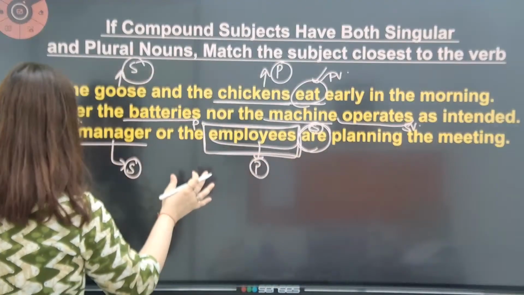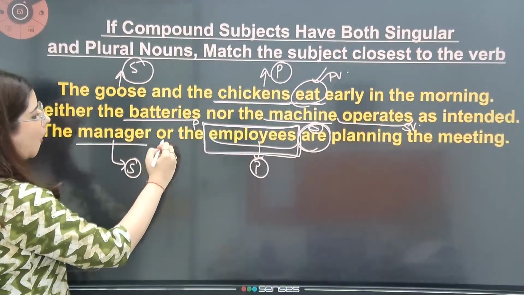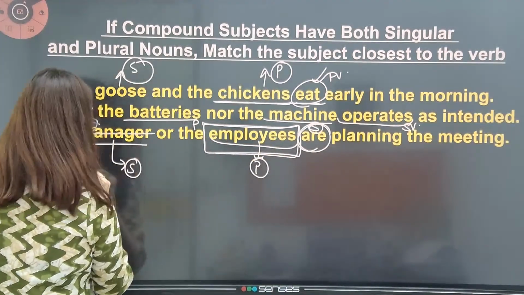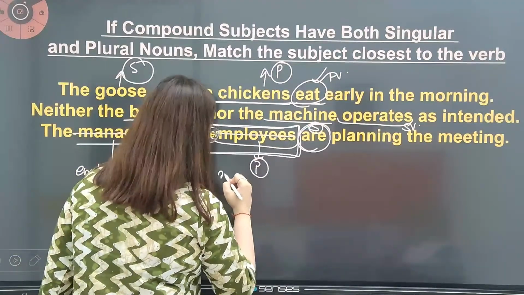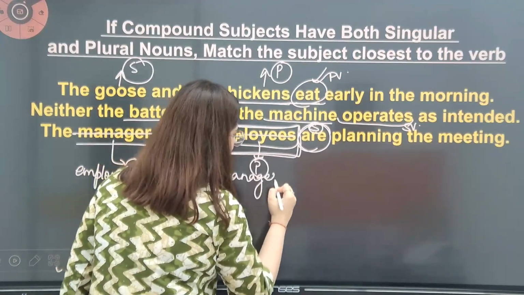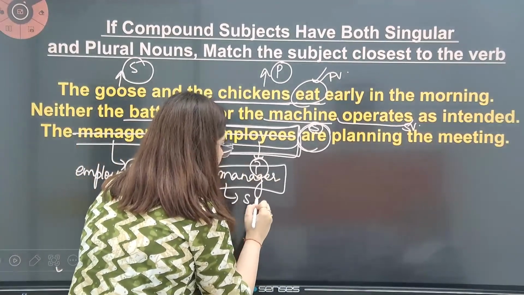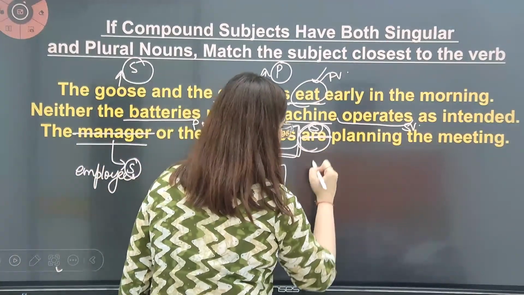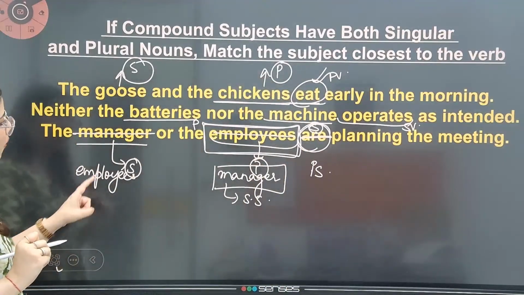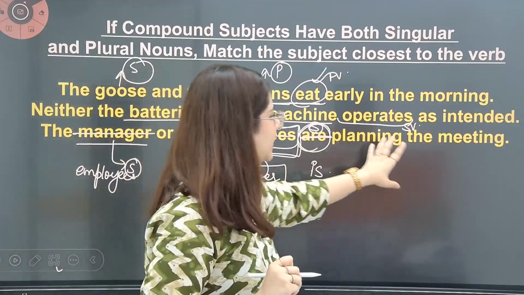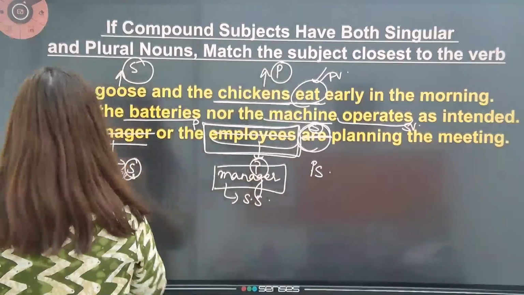If I invert the situation, the employees or the manager, now I'll have to consider manager, which is a singular subject, and I will have to change this to is. The employees or the manager is planning the meeting. Right? Moving on.